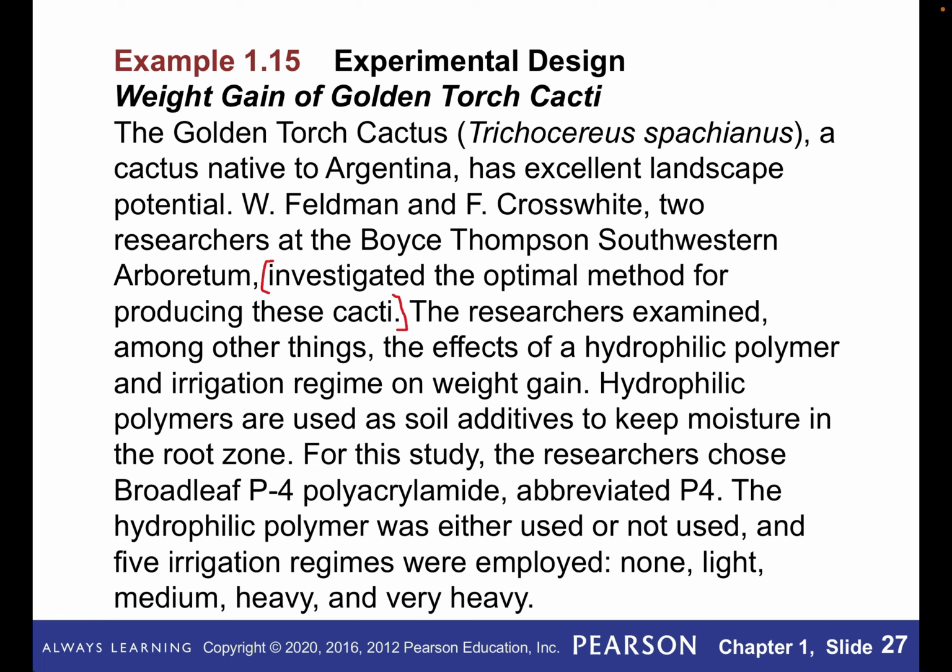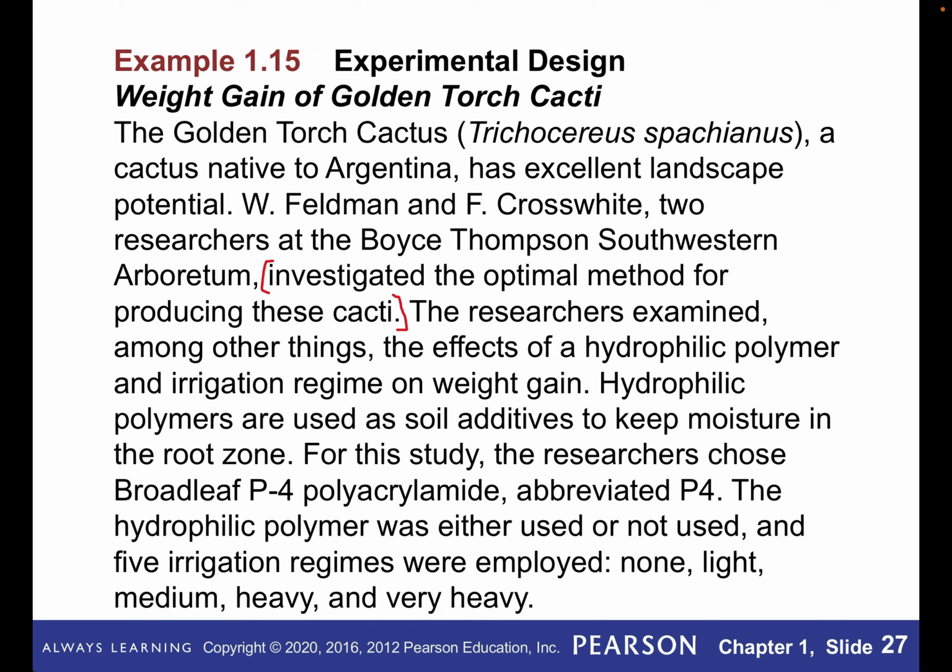They examined the effects of a hydrophilic polymer and irrigation regime on weight gain. I want you to pay close attention to that sentence, in particular the phrase "the effects of whatever on whatever." After the phrase "the effects of," what you see typically are the factors, and after the word "on," you see the response.